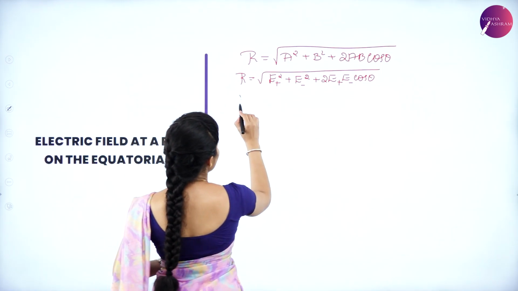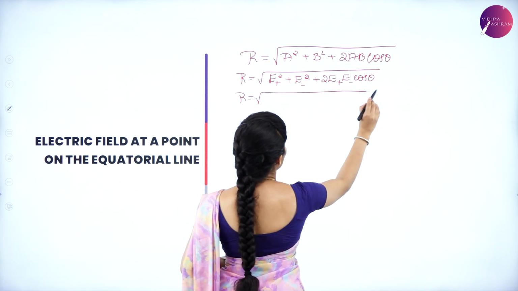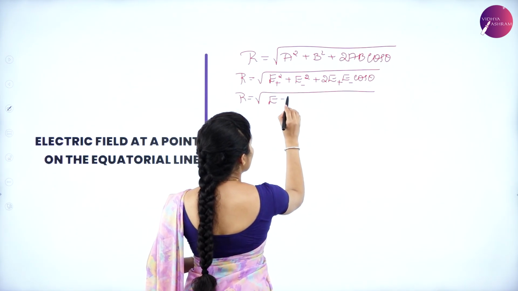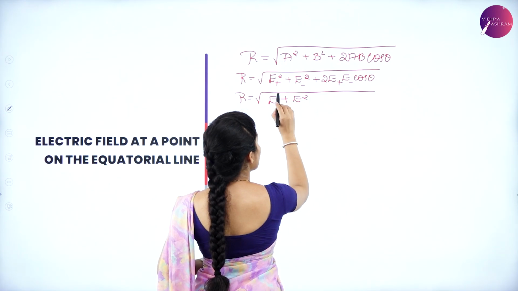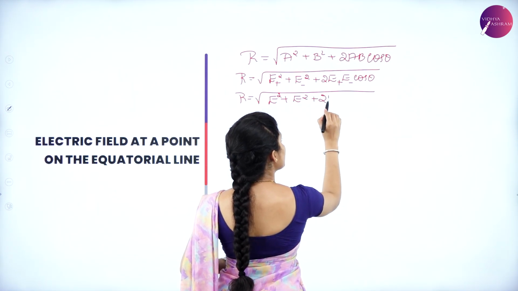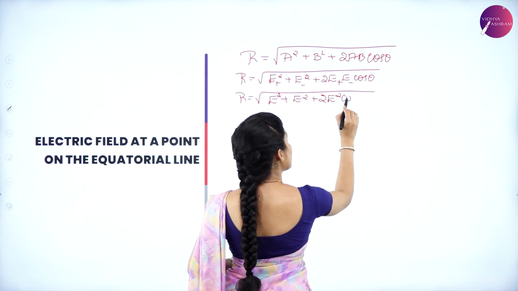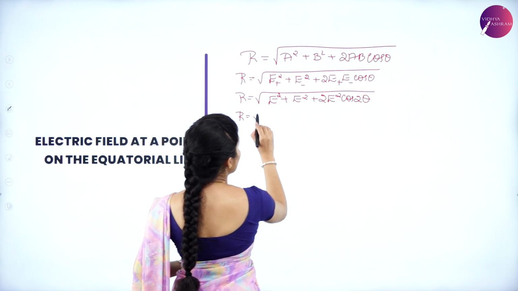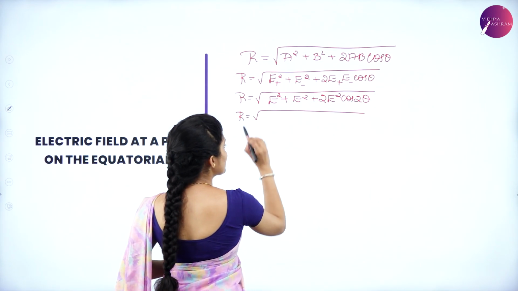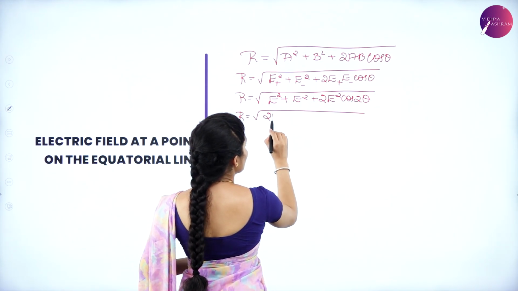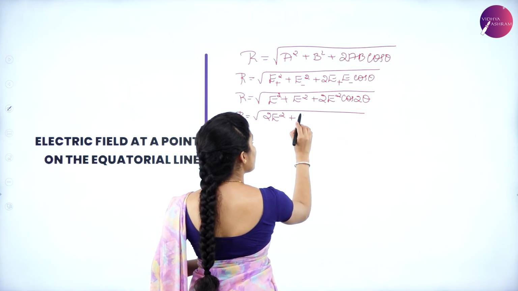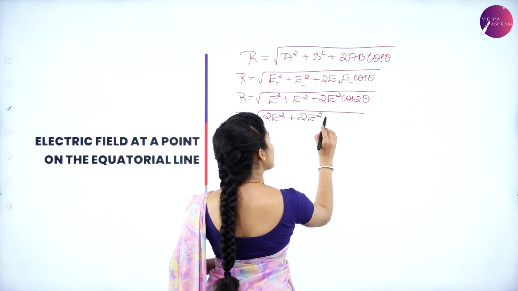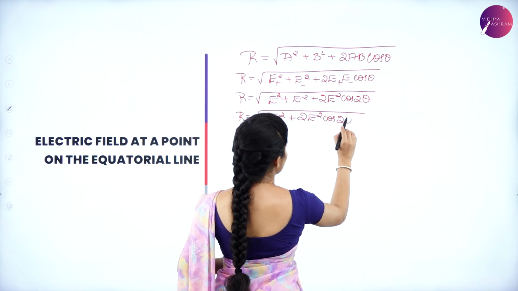So what we have now, R is equal to root of E square plus E square plus 2E square cos 2 theta.